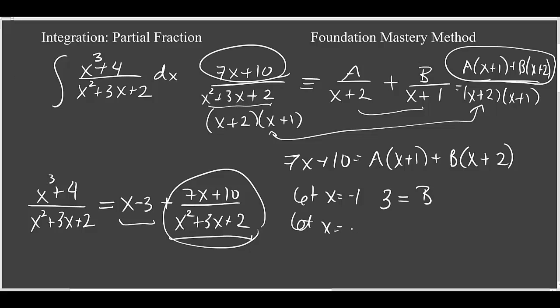If we let x equal -2, then we'll have -4 on the left-hand side of the equation and negative A on the right-hand side of the equation, which then tells us that A has to equal 4.